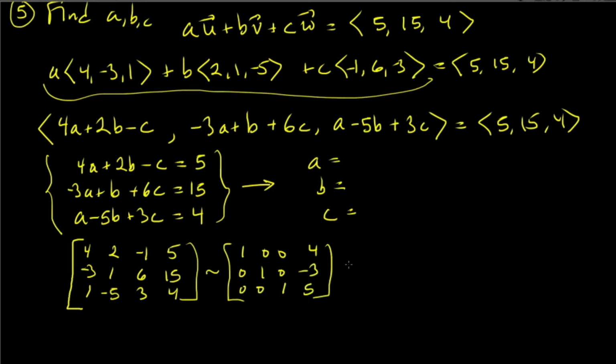So this is the row-reduced echelon form, and it's in your calculator. It wouldn't be that terrible to work it out by hand, but it is tedious. So a is 4, b is negative 3, and c is 5. And that answers the question.